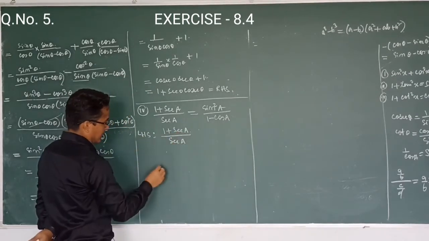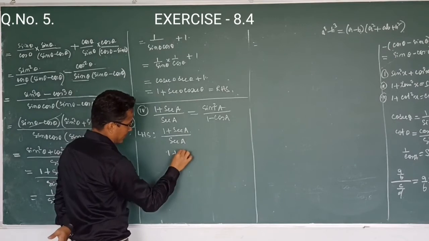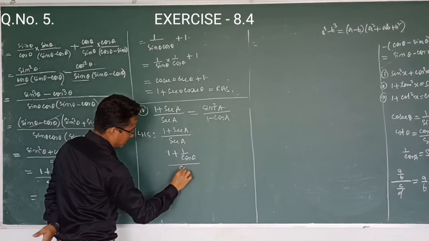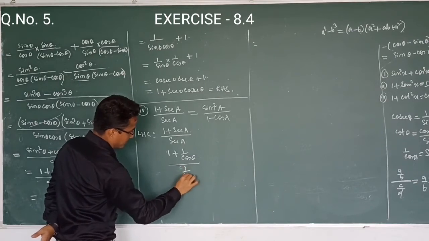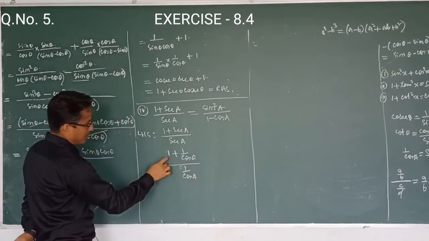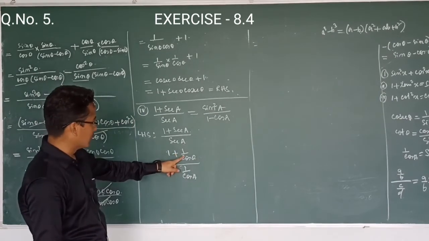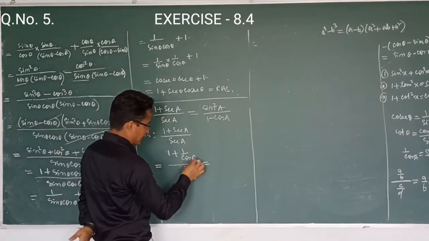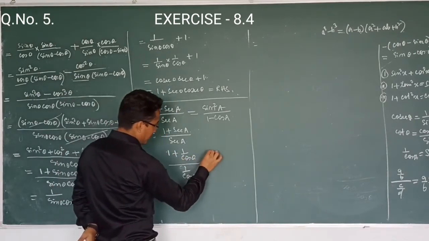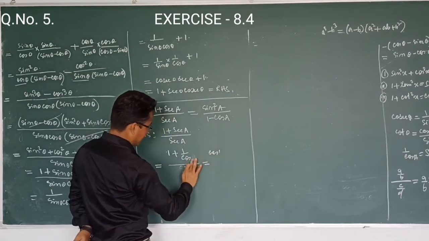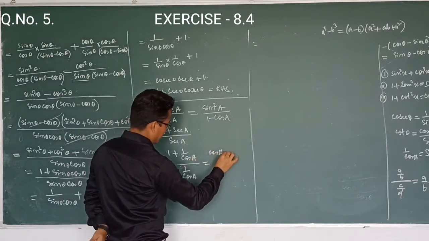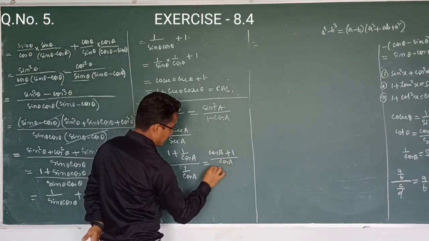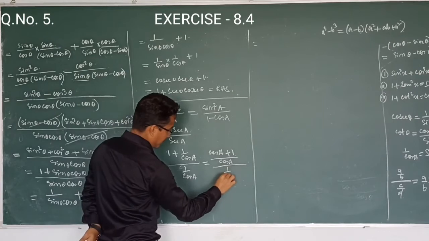This sec a means 1 by cos a, so 1 plus 1 by cos a divided by 1 by cos a, which is written as cos a plus 1 divided by cos a, and this is 1 by cos a.